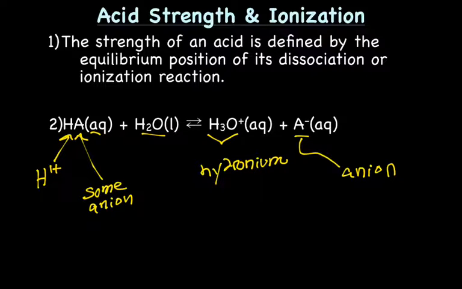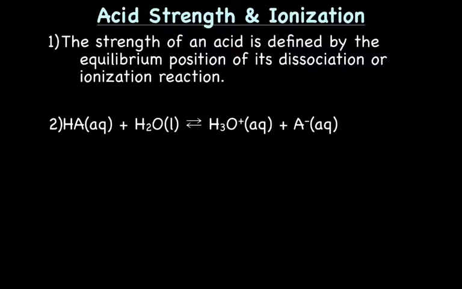So what is meant by the strength of an acid being defined by the equilibrium position of its dissociation or ionization reaction? Well, let's talk about that next. Okay, let me erase these equilibrium arrows. What we mean by equilibrium position is how far forward or how far reverse the reaction goes.